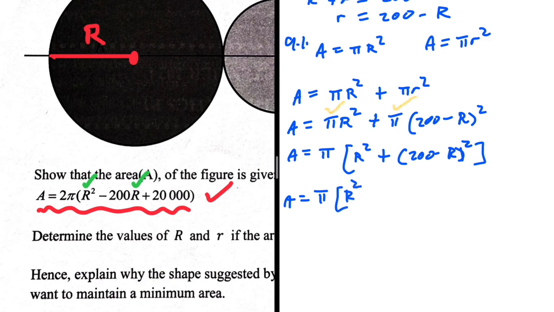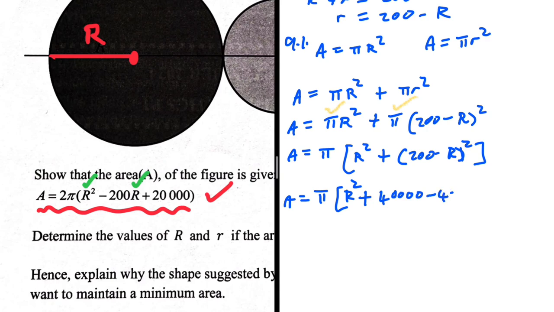So the area will be equal to pi. R squared, that's just R squared. What about (200 minus R) squared? So 200 multiplied by 200 will give us 40,000. We carry the zeros. And then 200 multiplied by minus R is minus 200R.